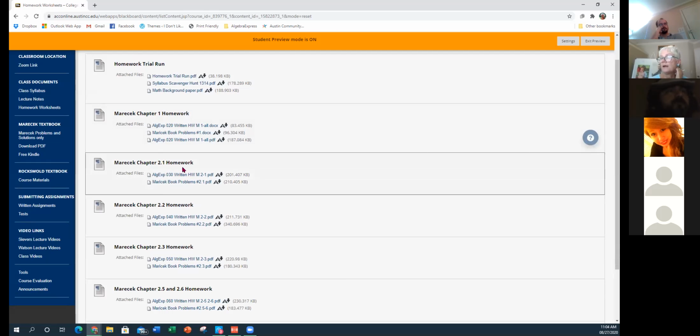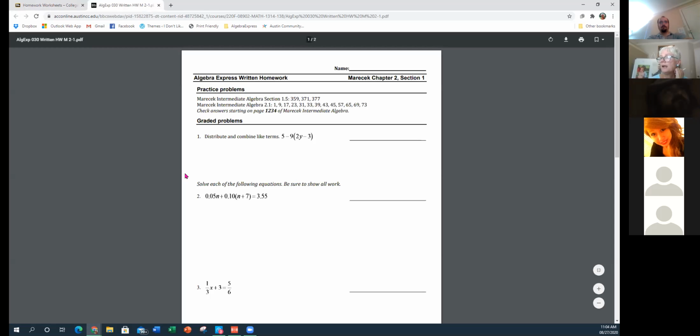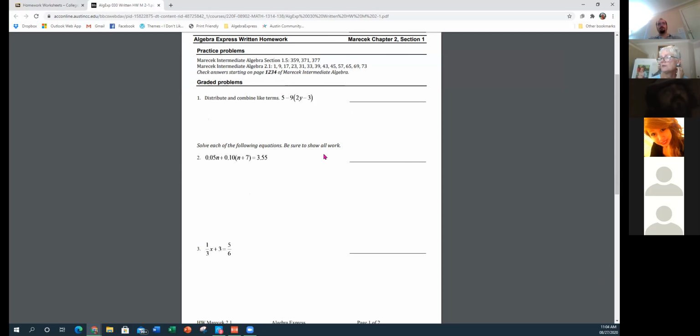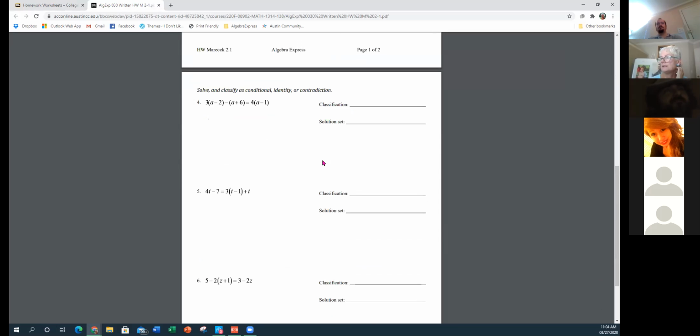The written homework, I've tried to consolidate it for you in the book, all together in one place for you. And then the graded problems are right here. And if you ever are not sure about what the bookwork is, it's always right up here. It tells you exactly what it is. I just think it's kind of convoluted because it's kind of hard to find if you're looking at the main book. So these are the graded problems. This is what you need to do.